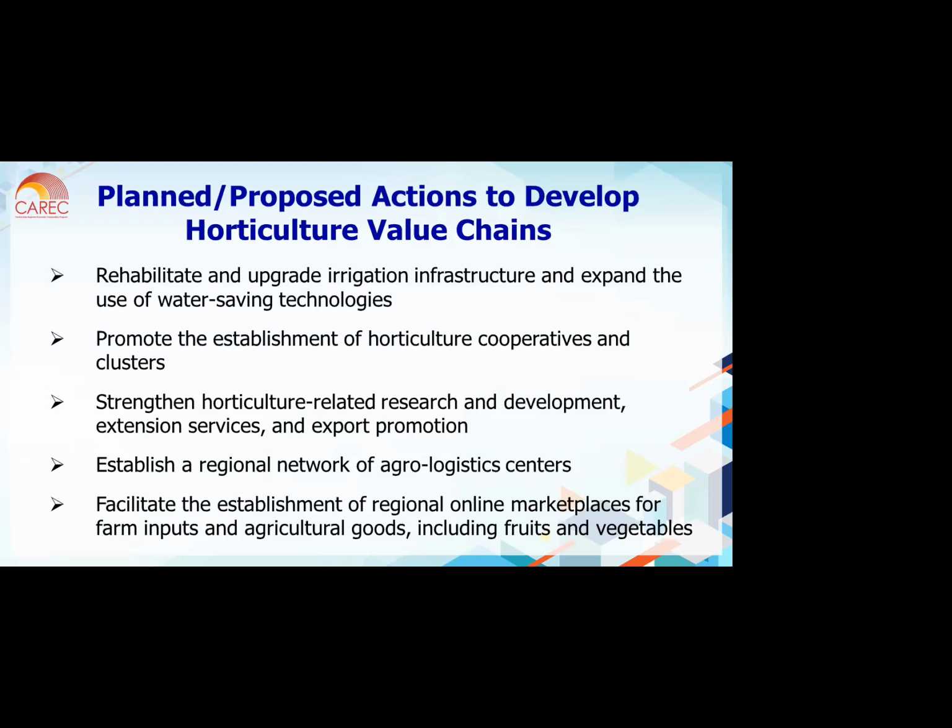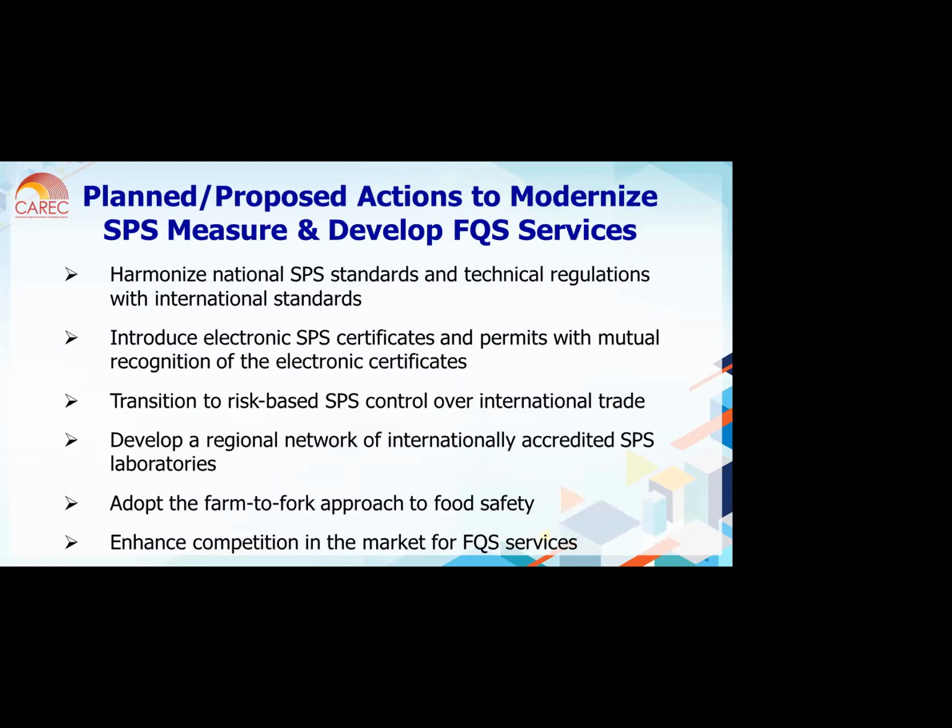It is also suggested to create agro-logistics centers and electronic systems for the sale and purchase of goods and products for horticulture. Due to time limitation, I will not go into each of the remaining items because we have attempted to include all this in the roadmap, and I think the participants of the workshop had the opportunity to take a look at these planned activities.